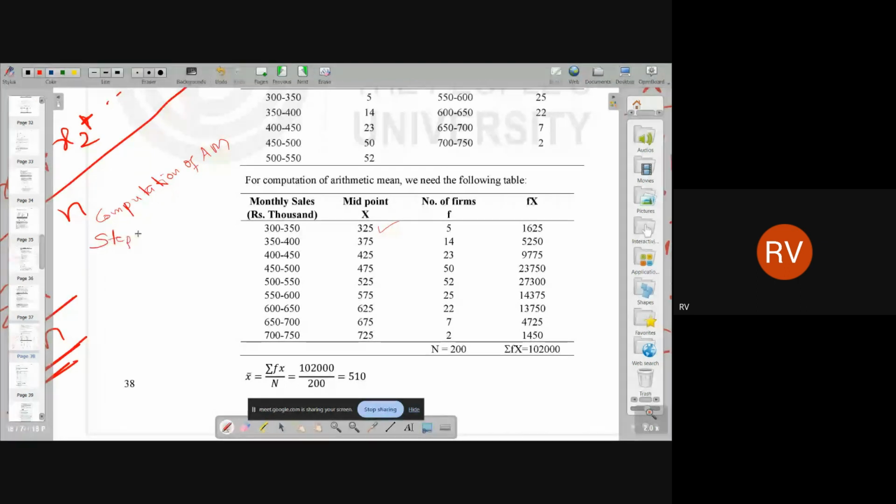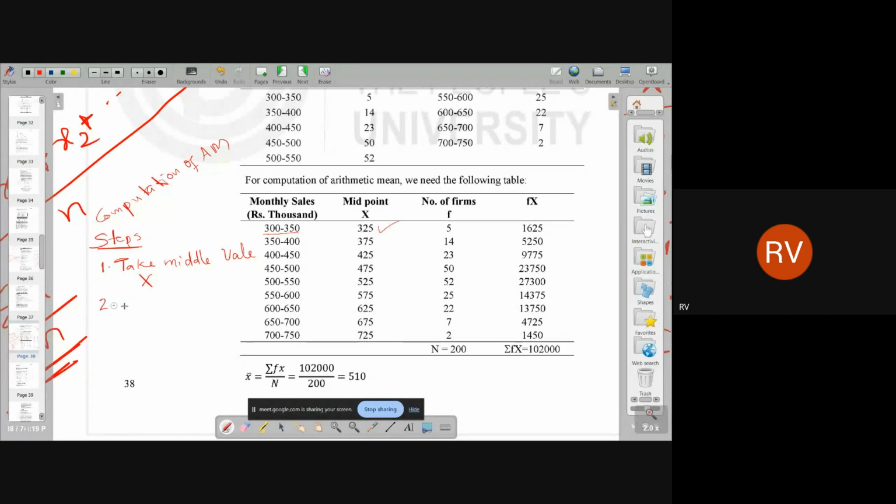Step 1: take the middle value, that is x, the midpoint of the class. 300, 350, midpoint is 325, that is 300 plus 350 divided by 2. That is the middle value x.